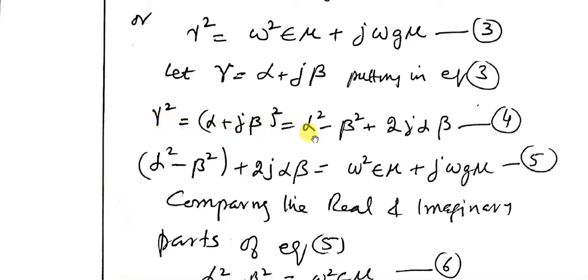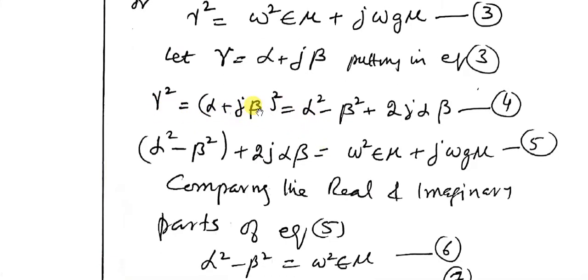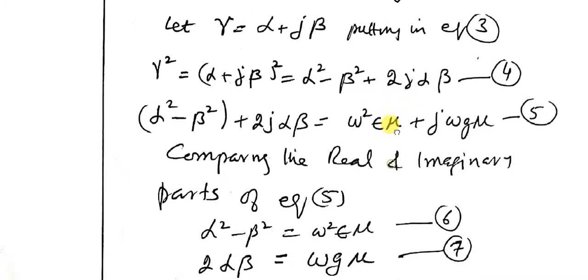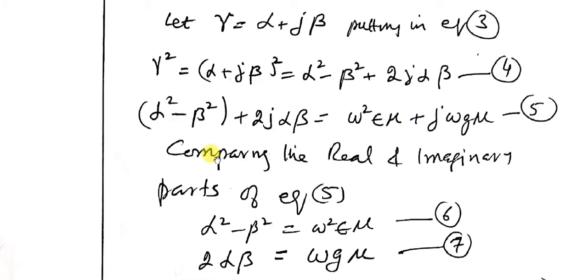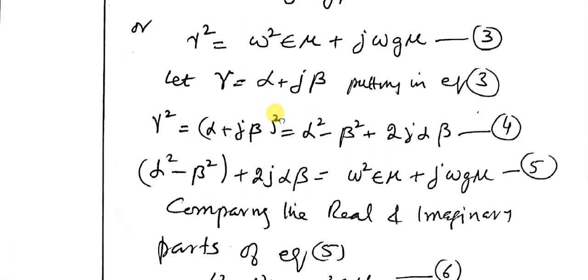If we open up this square, we get alpha square minus beta square plus 2 j alpha beta, equation number 4. So now put this equation number 4 in equation 3, replacing gamma square with alpha square minus beta square plus 2 j alpha beta.